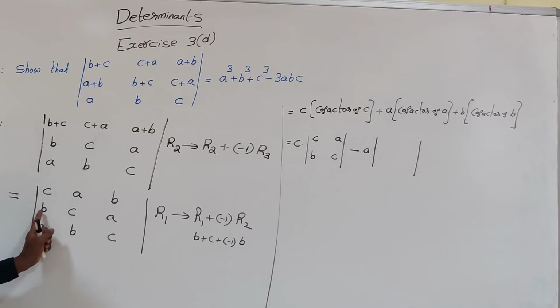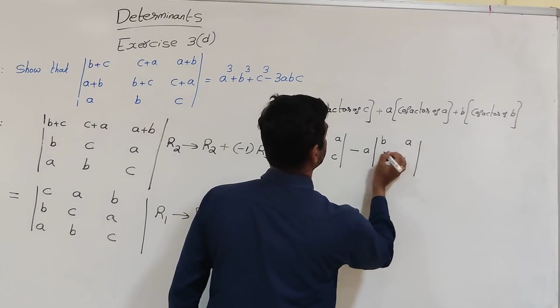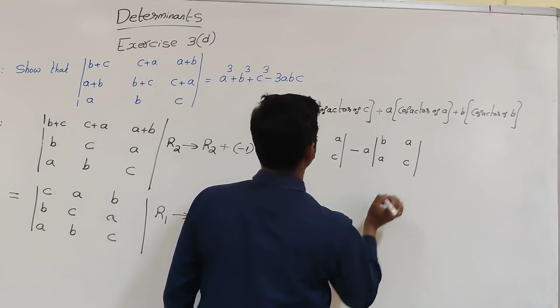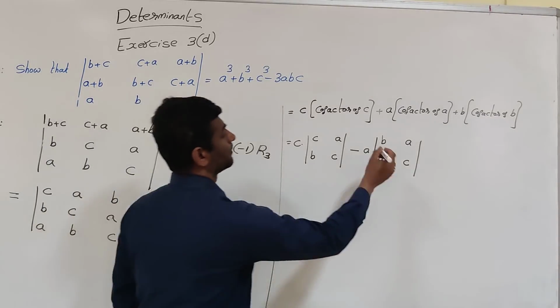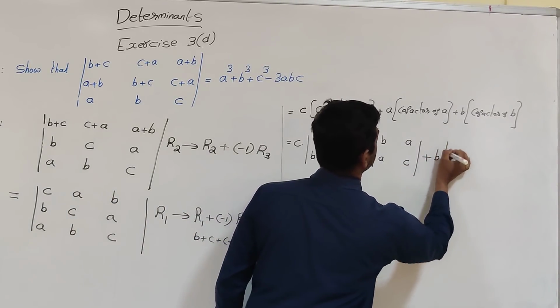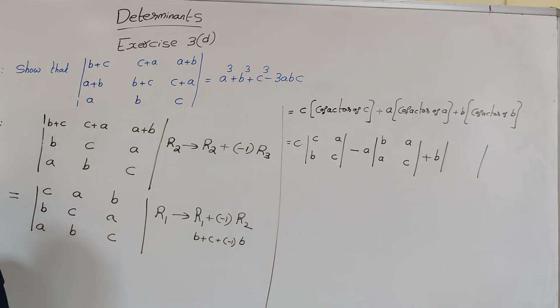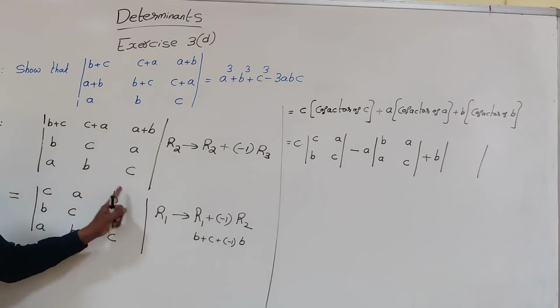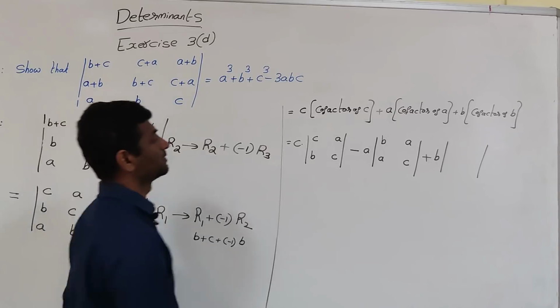So the elements will be B, A, A, C. Next, plus B into the determinant of a 2 by 2 matrix after hiding the position of B. That is first row and third column. It will be B, C, A, B.